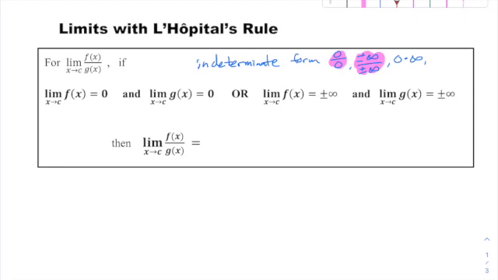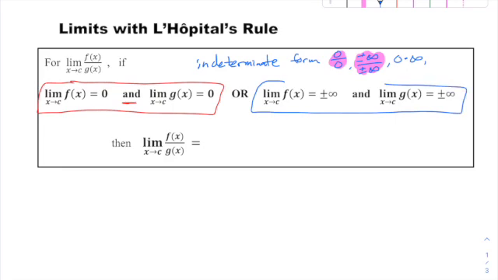So here's what L'Hopital's rule says. If you are trying to take the limit of a quotient f of x over g of x, if the limit of the numerator is 0 and the limit of the denominator is 0, that's just a fancy way of saying you get 0 over 0, or if the limit of the top is plus or minus infinity and the limit of the denominator is plus or minus infinity, that's also indeterminate.